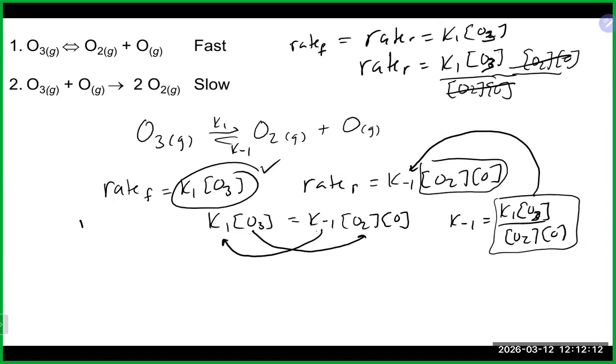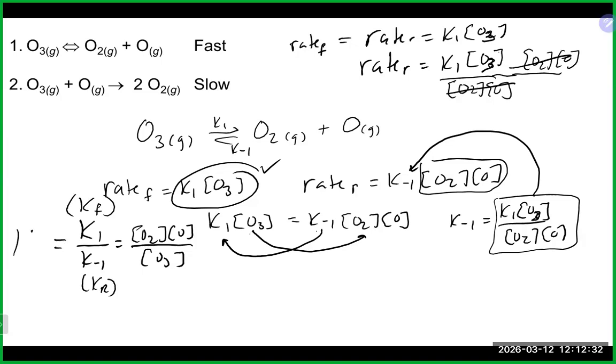That gives you basically K1 over K minus 1 equals O2 times O over O3. This relationship is a really important relationship. This is essentially the K of the forward direction and the K of the reverse direction. This is what is known as capital K, the equilibrium constant, which is again the main topic of this course.